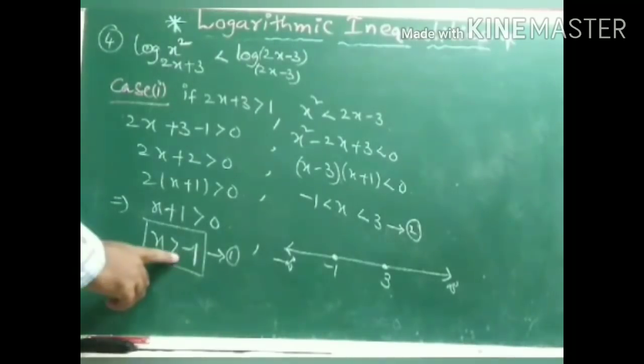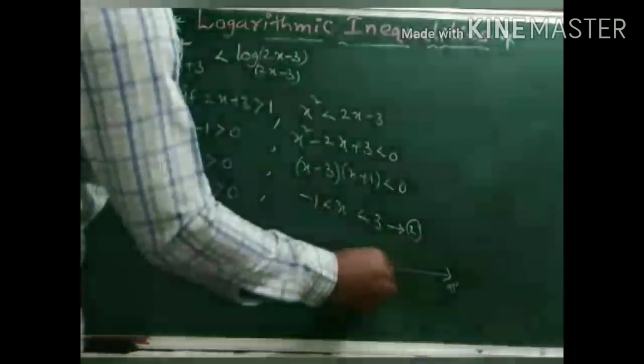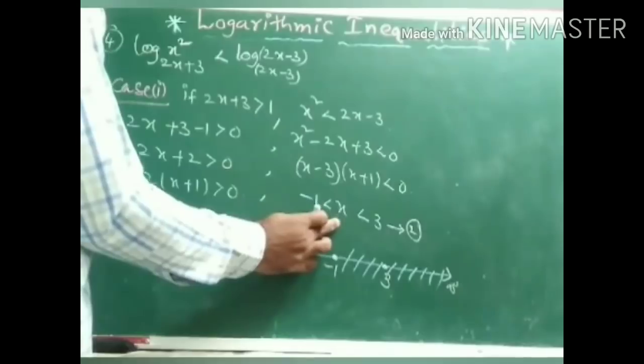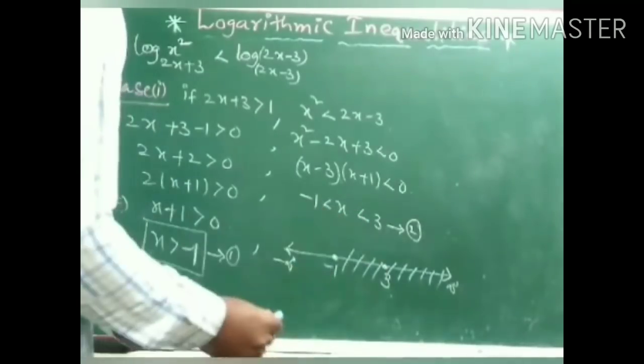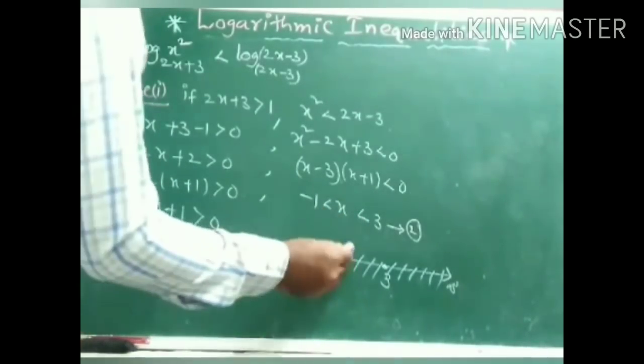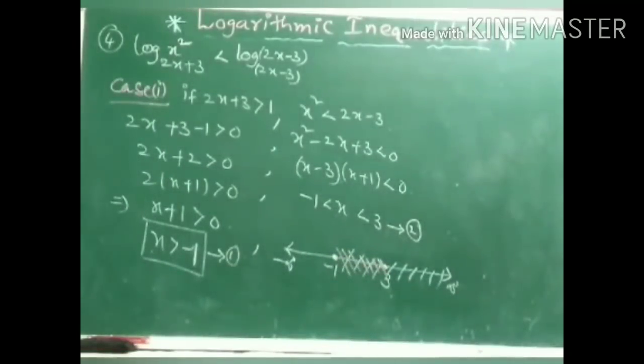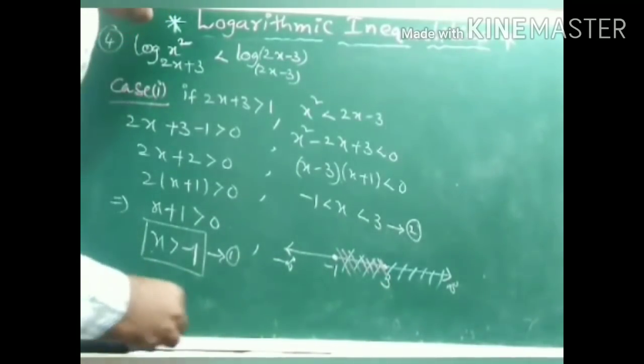So this is the region which is greater than minus 1. And coming to here, x lies between minus 1 and 3, which I want to shade with pink color. So what is the common solution here?